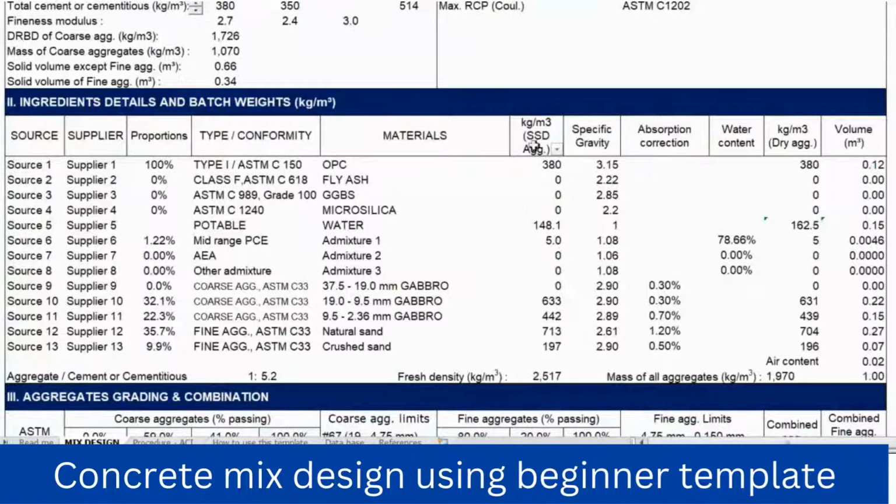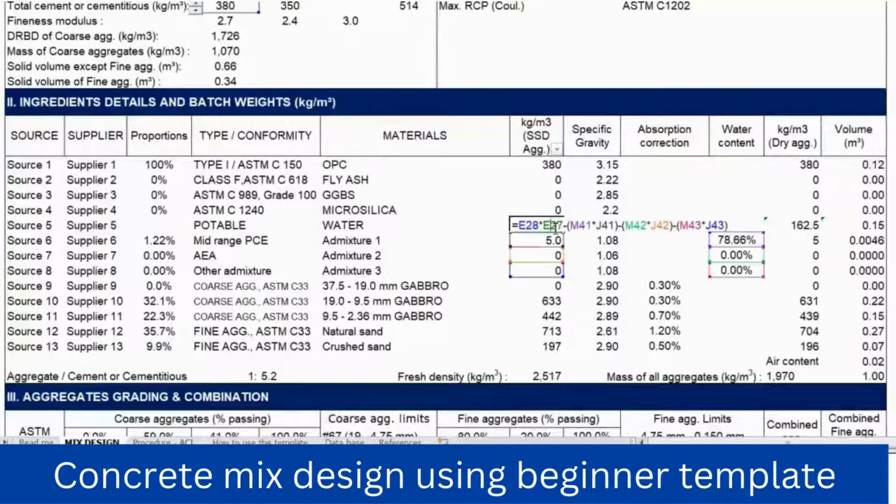Now, in this table, we have batch weight for the aggregates which are in SSD condition or saturated surface dry condition, and we have also batch weight wherein we have aggregates based on the dry condition.